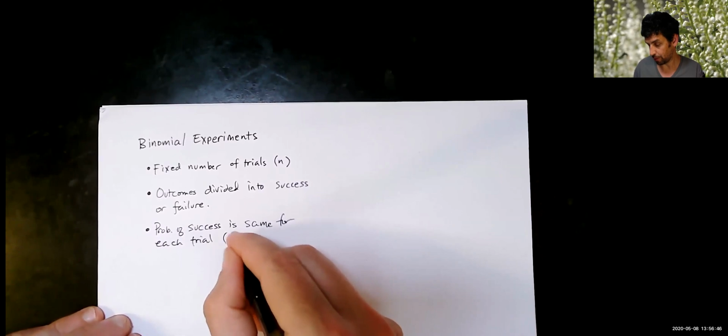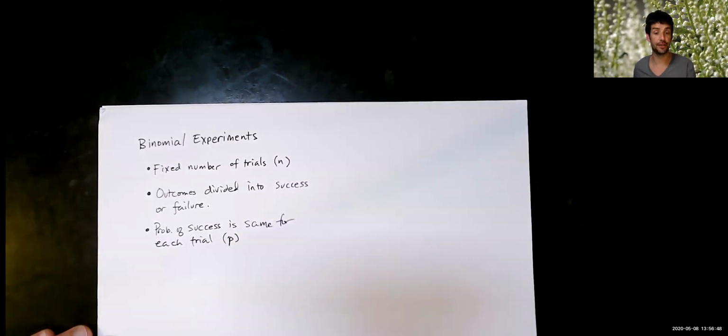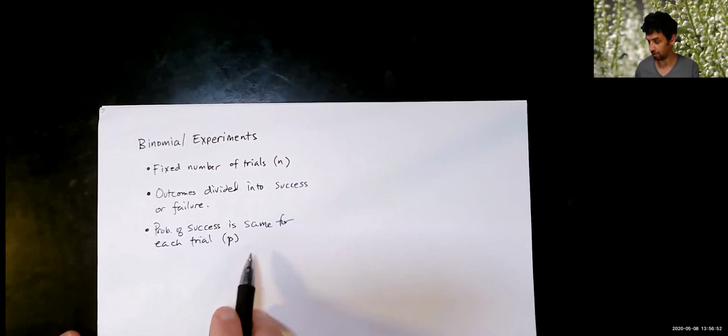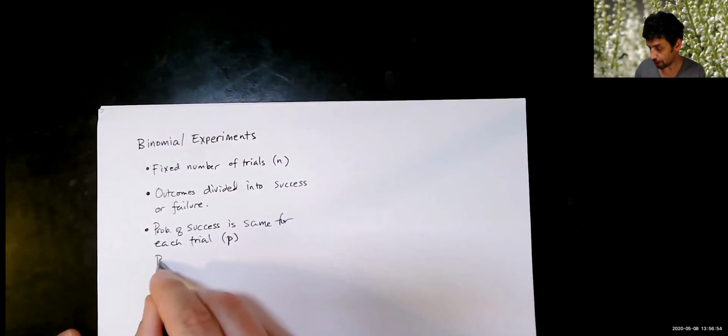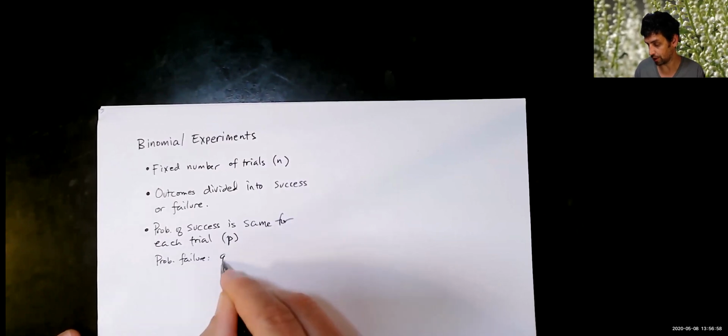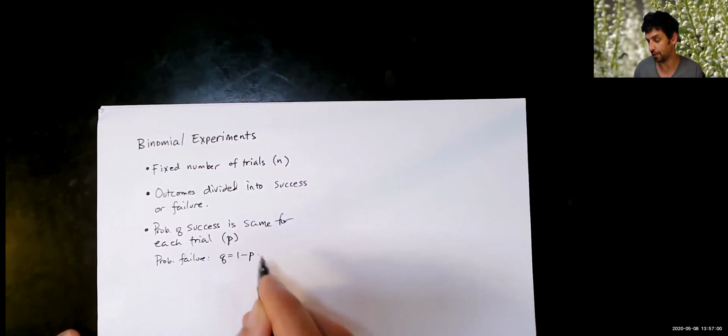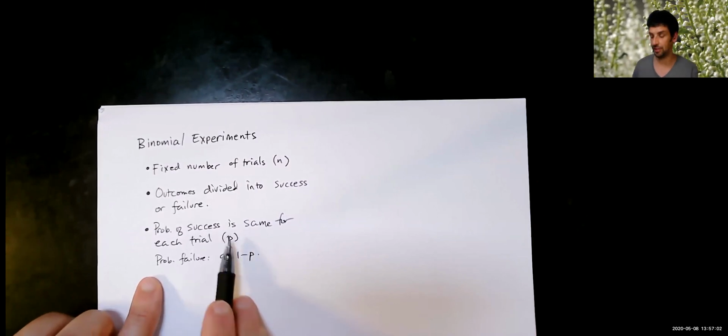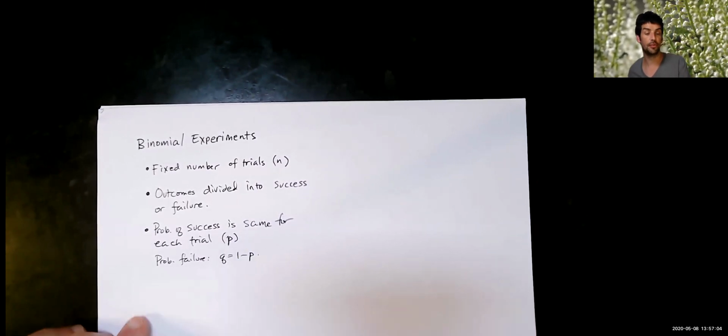We usually call the probability of success P. We call the probability of failure Q, which is 1 minus P, right? And naturally, if the probability of success is fixed, the probability of failure has to be as well, because it's always going to be 1 minus P. So if that never changes, this can't change, okay?